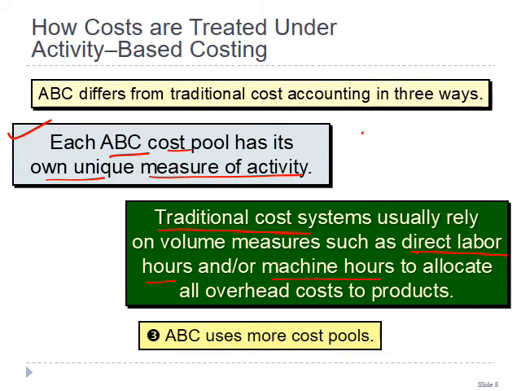For example, if we are dividing manufacturing overhead by direct labor hours, these two must be correlated.